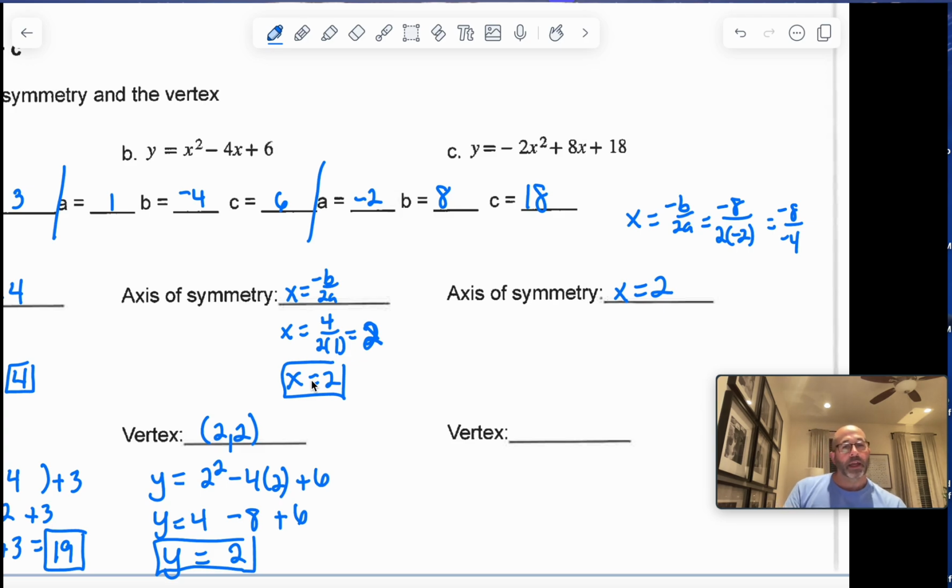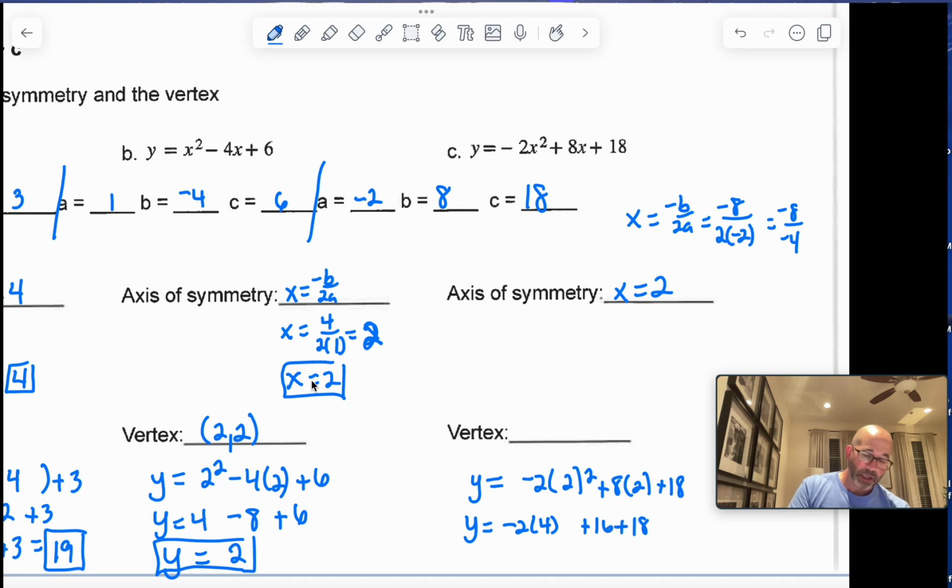Now that we know our axis of symmetry, let's plug that into our equation to get our vertex. So y is equal to negative 2 times 2 squared plus 8 times 2 plus 18. That means y is equal to negative 2 times 4 plus 16 plus 18. Let's simplify that, and we get 26. That means our vertex is at 2, 26.